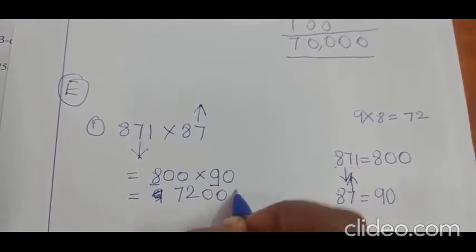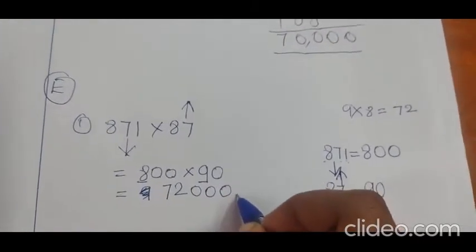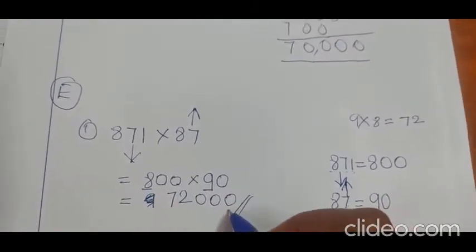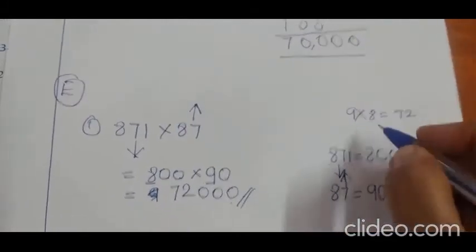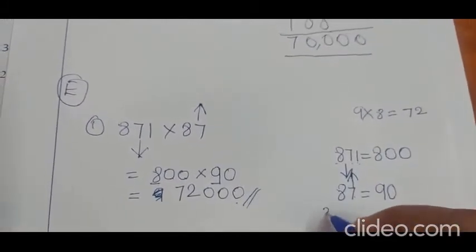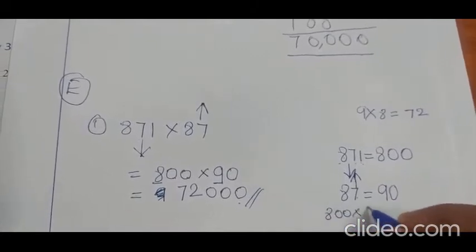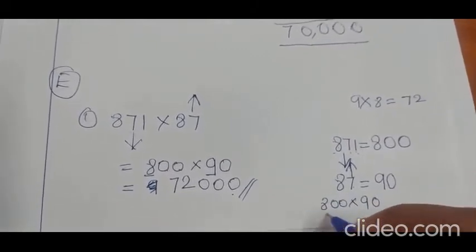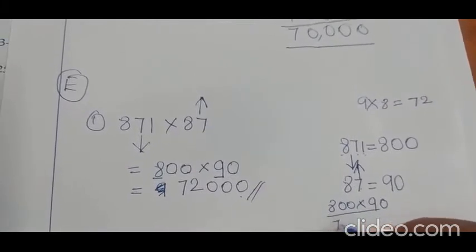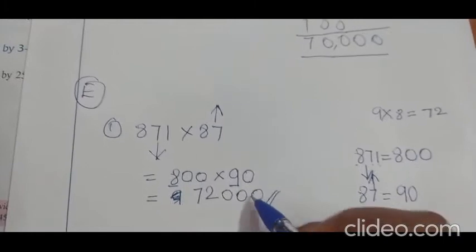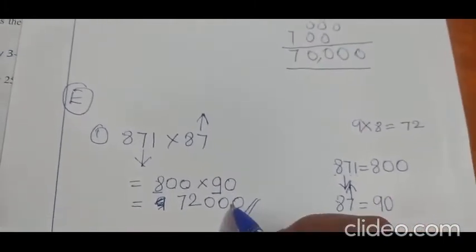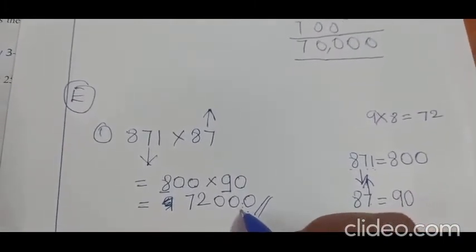This is the quick way of multiplying. If you multiply 800 into 90 also, what answer will come? 72,000 only will come. This is the quick way of multiplying.